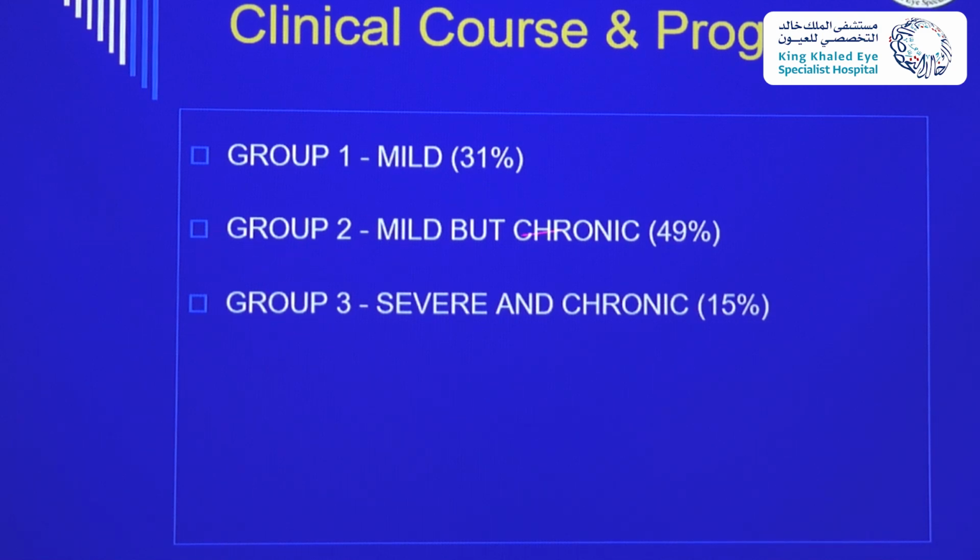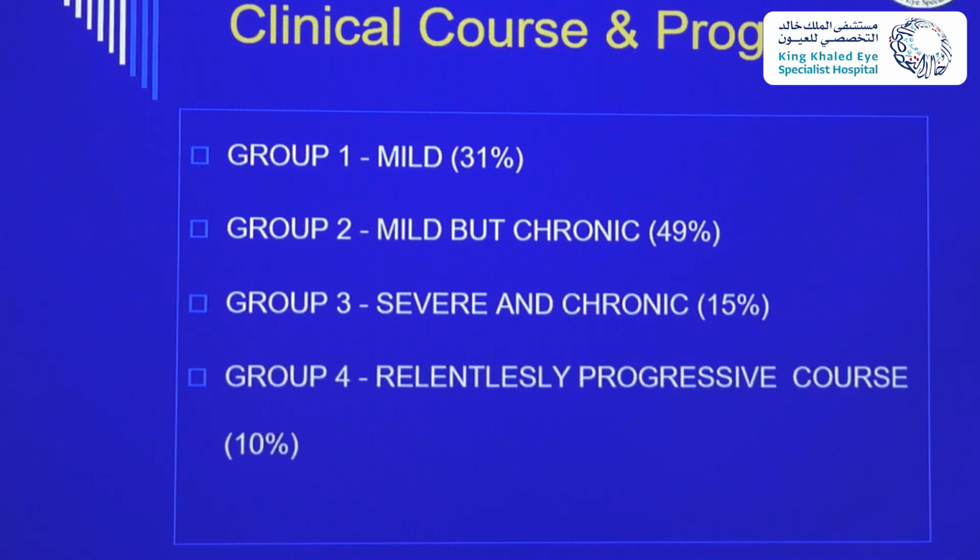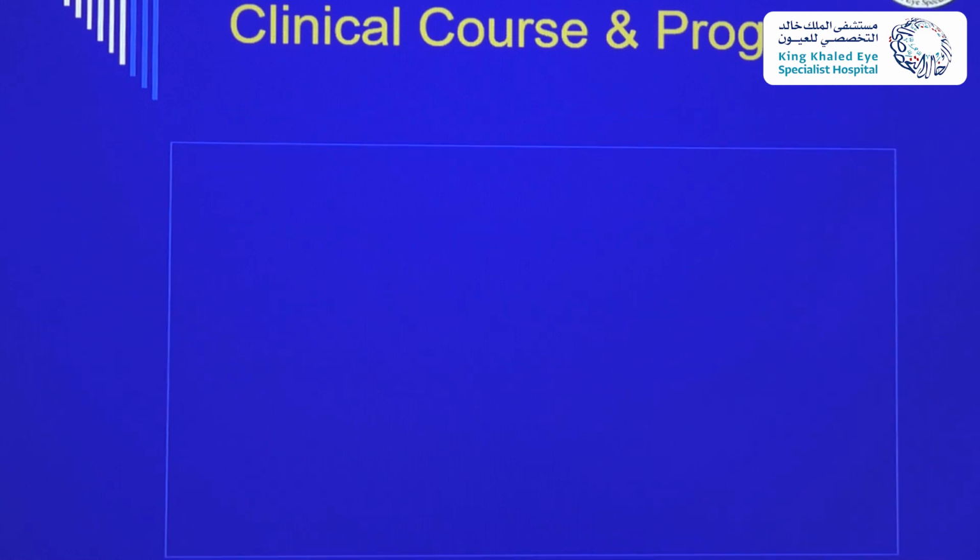This is the group that most needs to be kept in mind, and you can approach them and treat them on time. Group 4 have a refractory and progressive course, and this is only representing 10%. I think with the new modalities of treatment, this group is now even less than 10% of the patients.